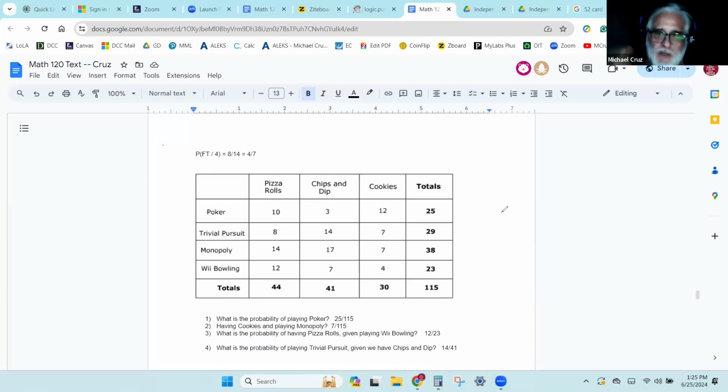And then there are 3 columns for the different snacks: pizza rolls, chips and dip, and cookies. You can see across the row: 25 poker, 29 Trivial Pursuit, 38 Monopoly, 23 Wii Bowling, and going down, the same way for each of the snacks.